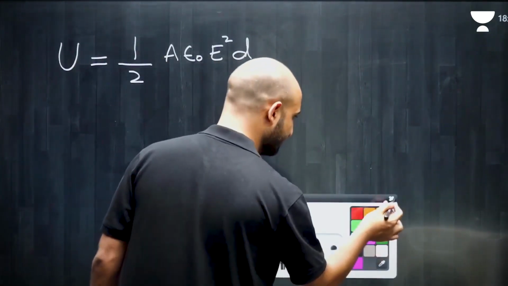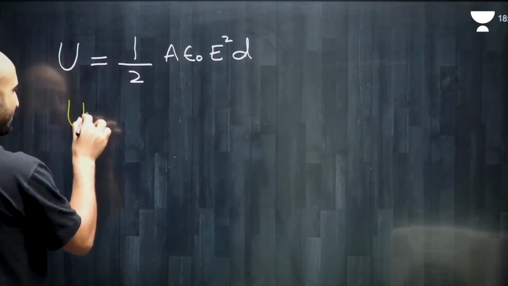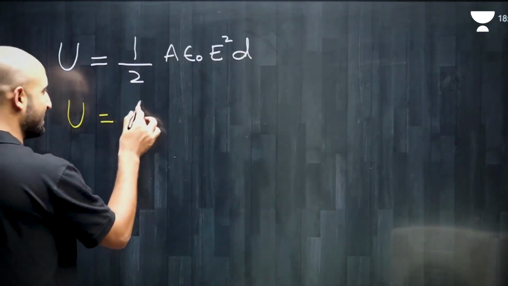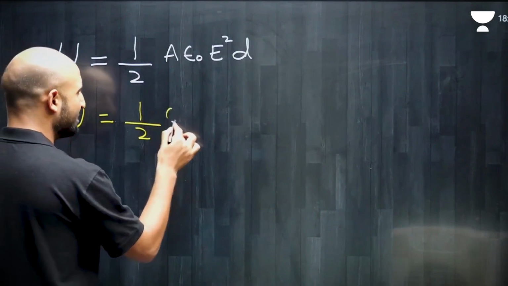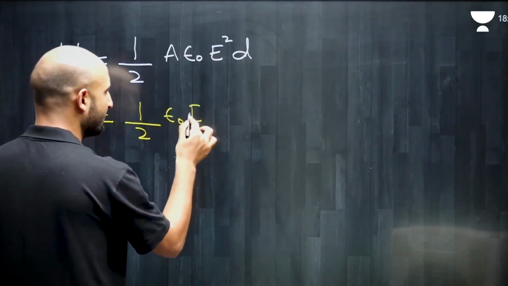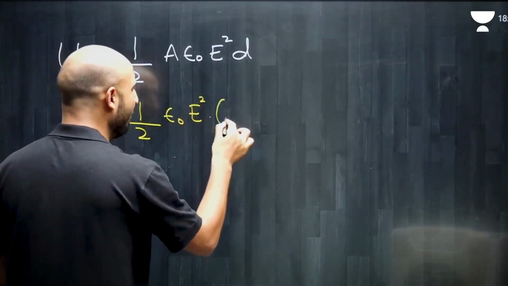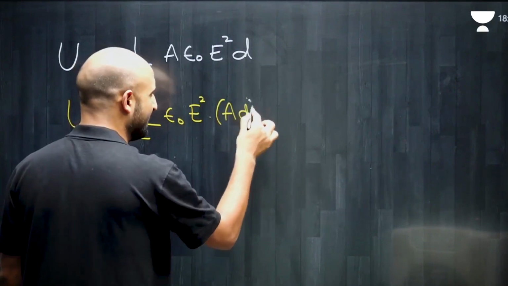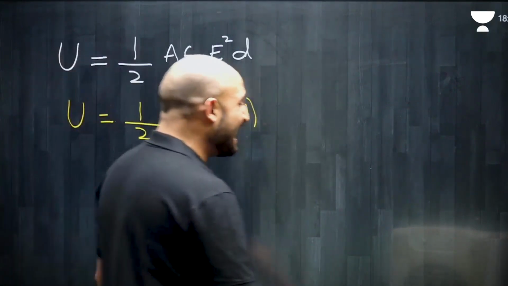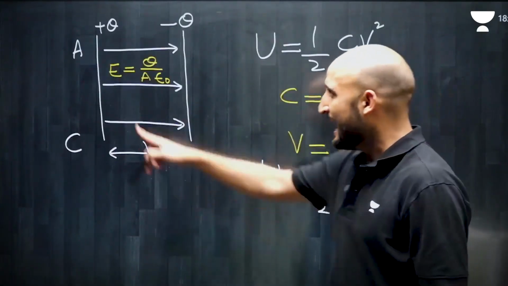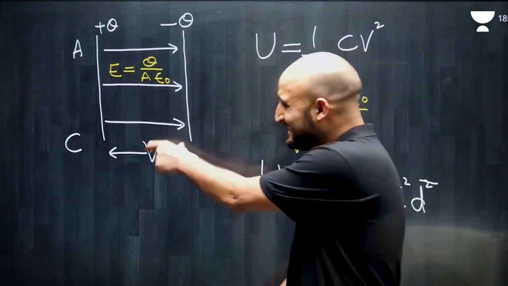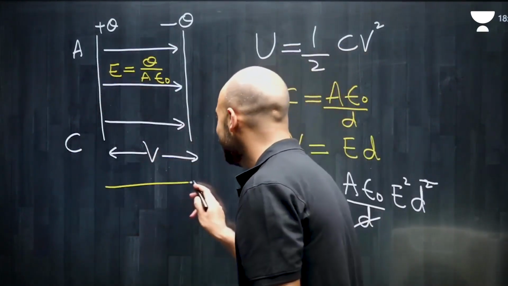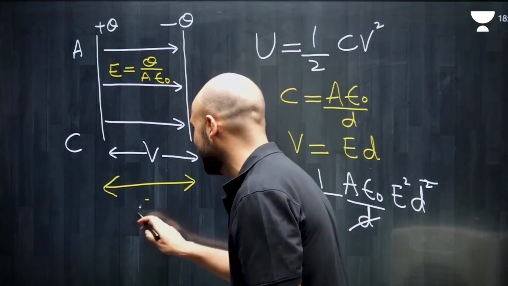Now see, I will write it like this: U is equal to 1 by 2 epsilon naught E square into, I will write A and D separately here. What's A? A is the area of the plate. What is D? D is the distance between the two plates.